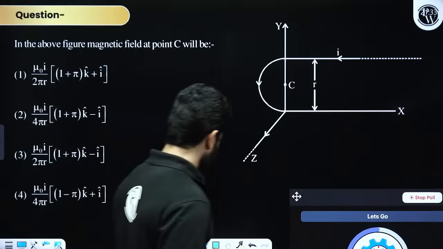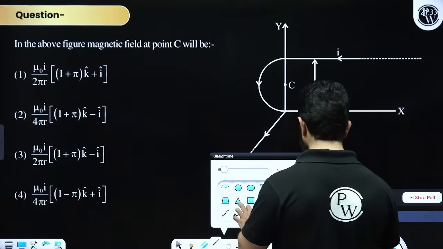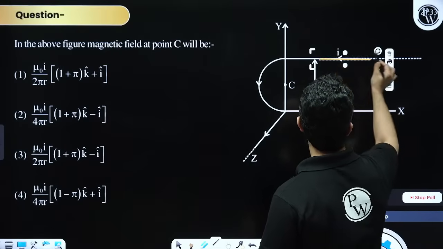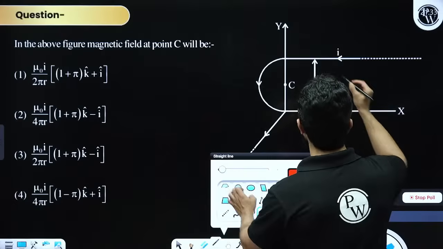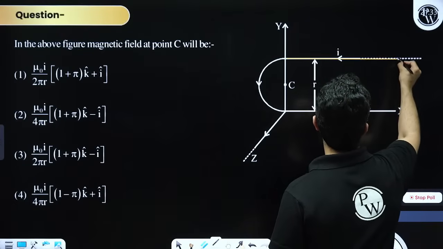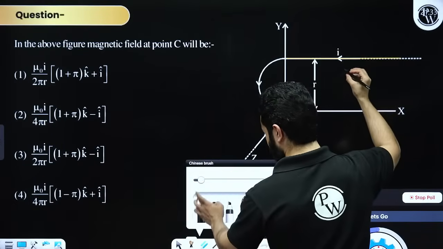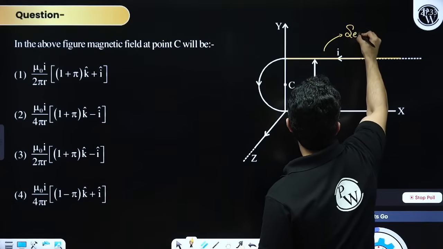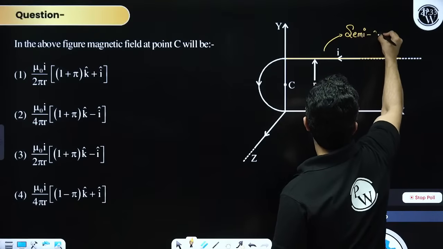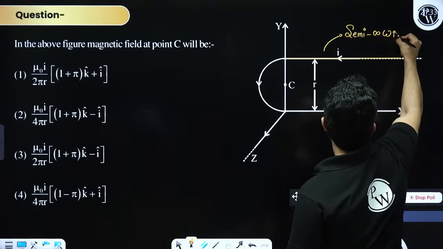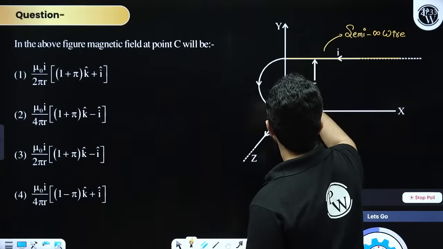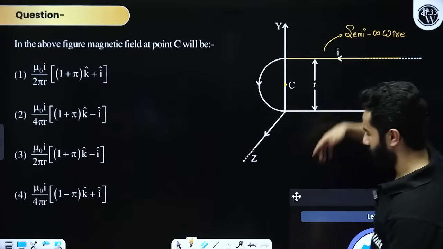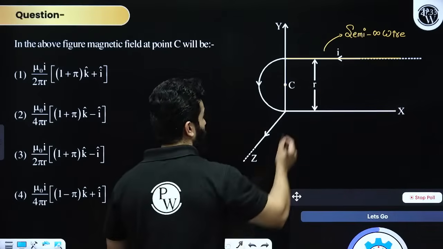To solve these types of problems, first of all, mark the number of elements. You have one straight current carrying wire over here, and it is a semi-infinite wire. Magnetic field at this point will be outwards due to this wire.